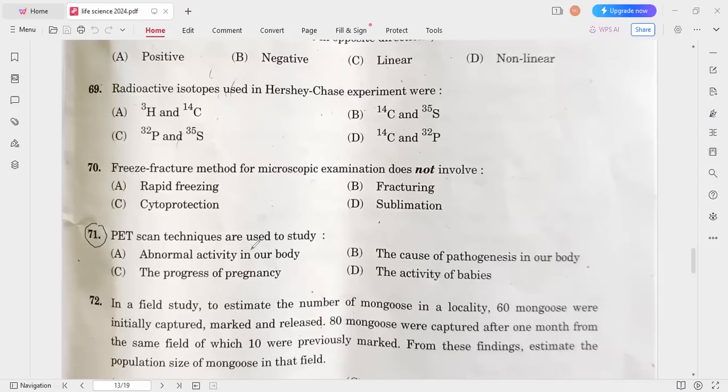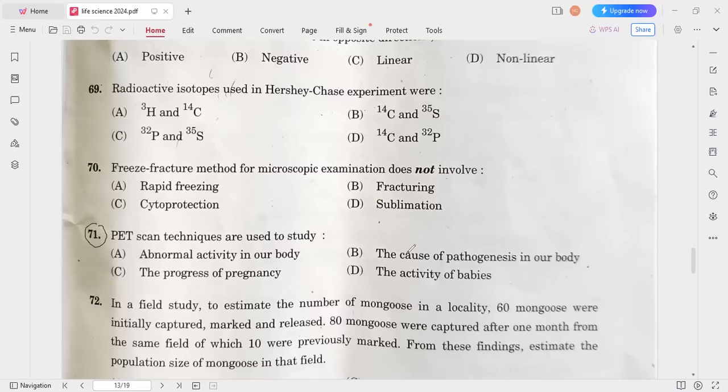This PET scan technique is used to find abnormal activity in our body. Anyway, in very rare cases, it is also used for the progress of pregnancy, and the activity of babies can also be found by PET scan.